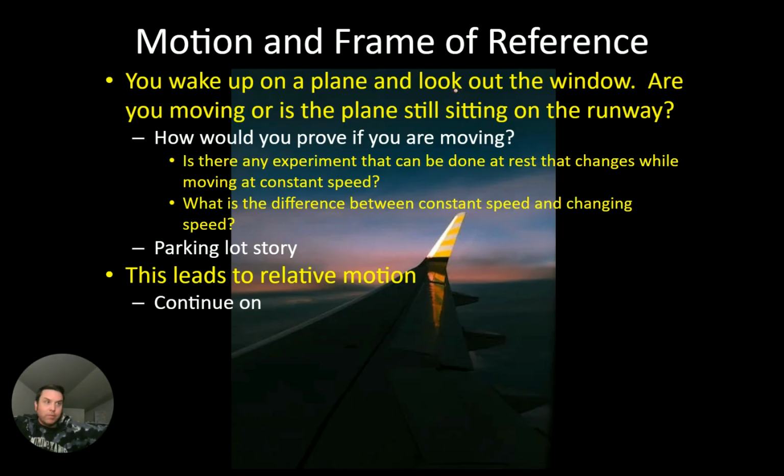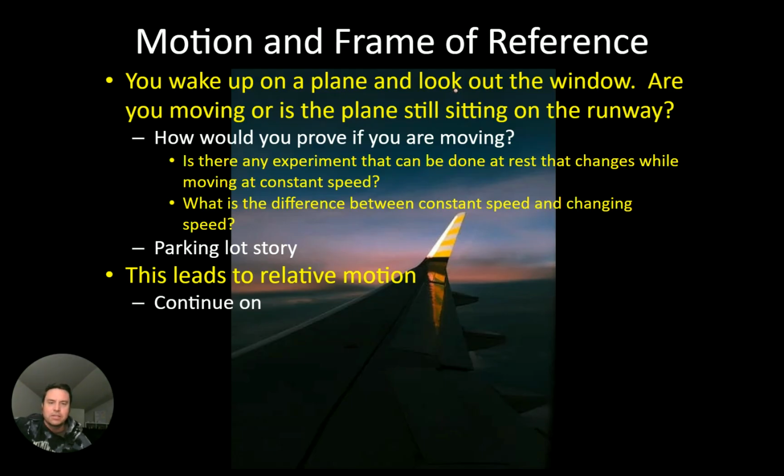You might see something in the background moving by, but in this situation, if it's foggy and the engine's on, they're warming up the plane, you don't know. And what is the difference between constant speed and changing speed? The second you change speeds, you can feel that. If there's a little turbulence, like a little air hits the plane, then you know you were moving. The pilots hit the gas and start taking down the runway, you feel that, right?